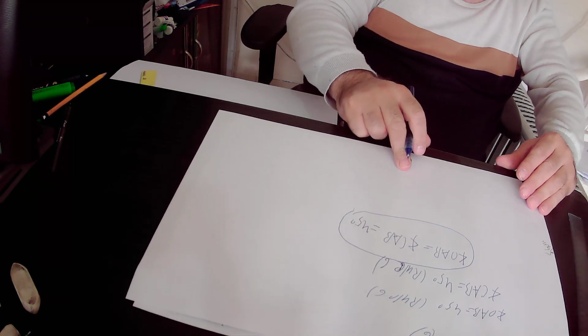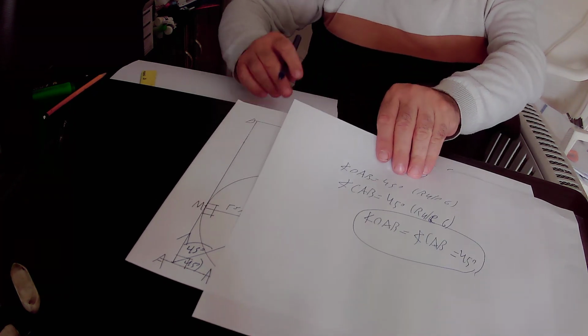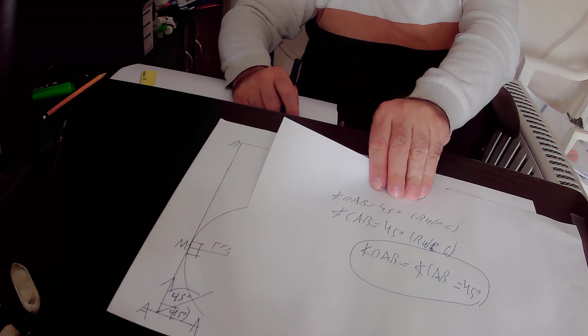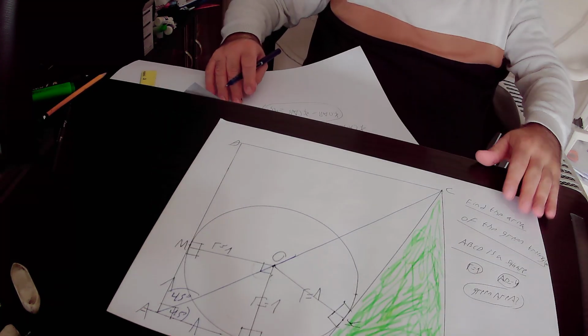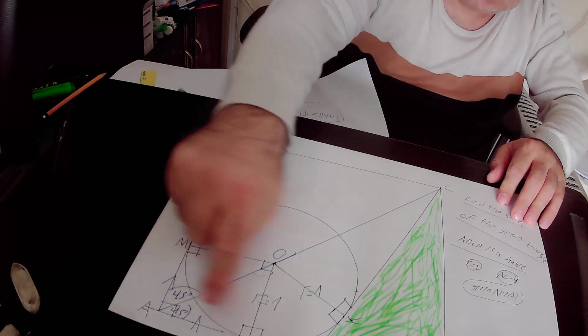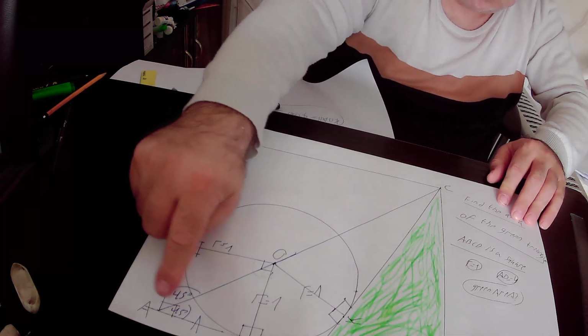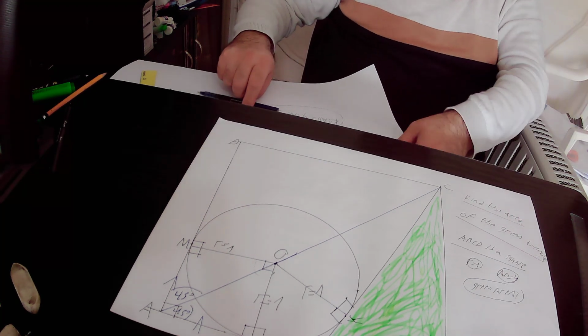Okay, so here angle OAB equals angle CAB, they are both equal to 45 degrees. So that is to say, this angle CAB equals angle OAB, and both angles are equal to 45 degrees.